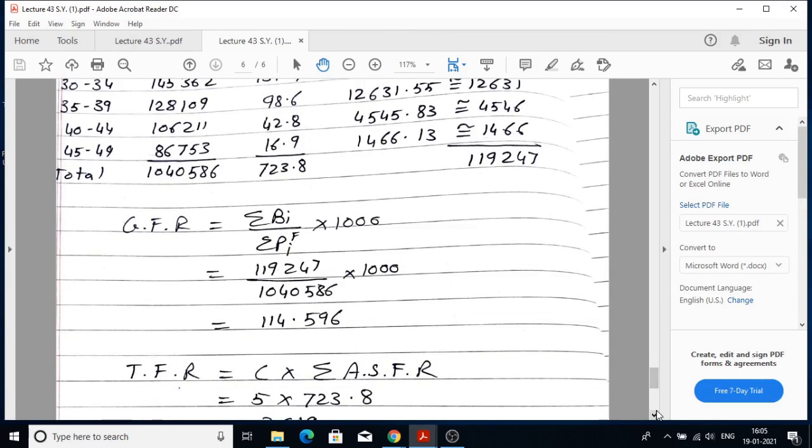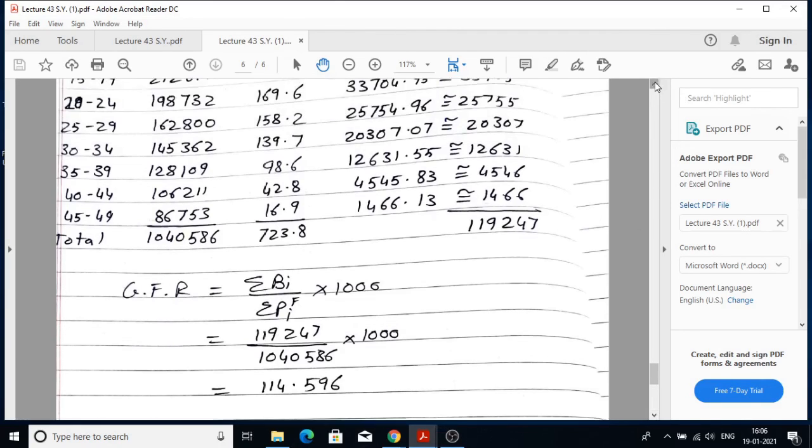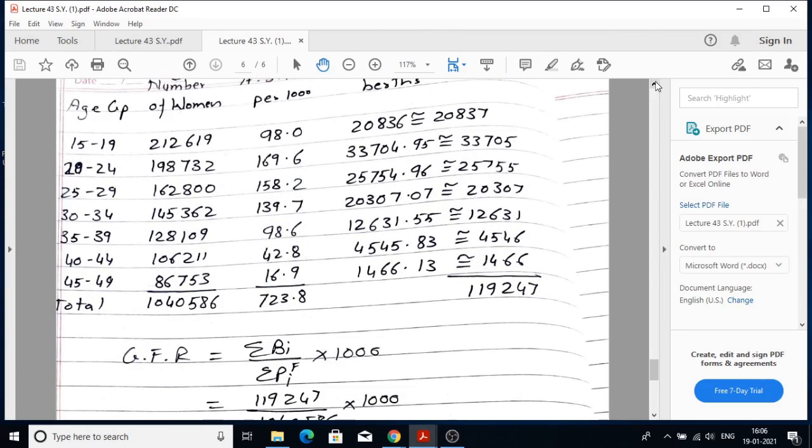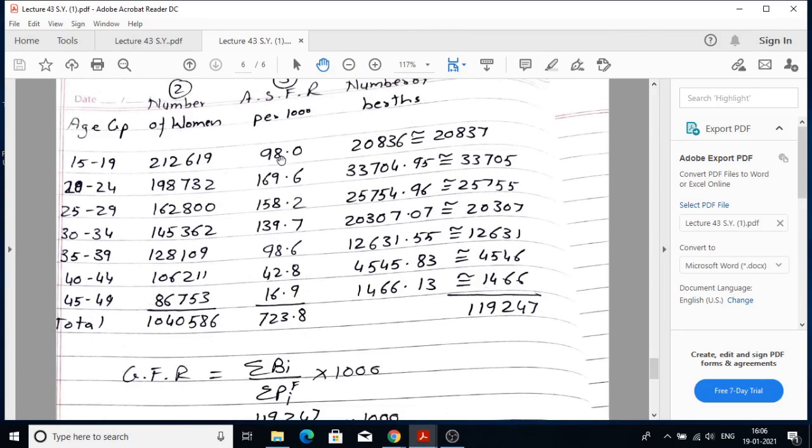So the answer is 114.562. Now to find total fertility rate, we need to calculate summation of ASFR. So 98.0 plus 169.6 plus 158.2 plus 139.7 plus 98.6 plus 42.8 plus 16.9.